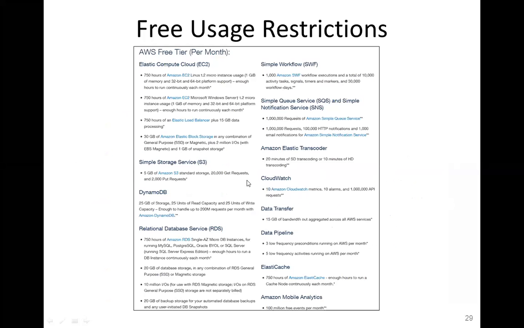Free usage restrictions. Amazon has restricted free usage, and you can see here for the free tier per month in the EC2, 750 hours of Amazon EC2 Linux micro instance usage. These are the services that were free for some time, or when this slide was taken.